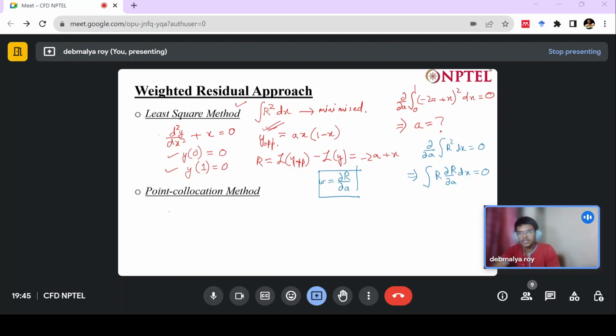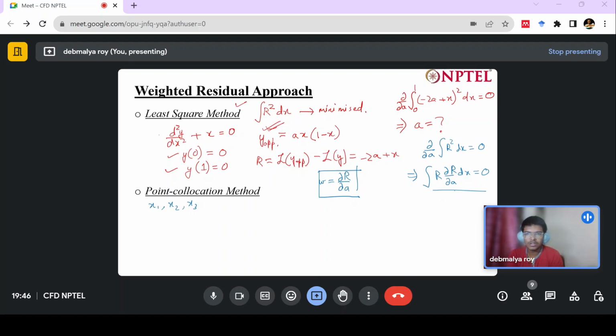Suppose we want some points x1, x2, x3. By the way, if we have more parameters, we can have a more complicated function. Let's say you don't just want a quadratic; for a more accurate solution you want a cubic. Then you will have two parameters, a1 and a2, and thus two equations, one with a1 and another with a2.